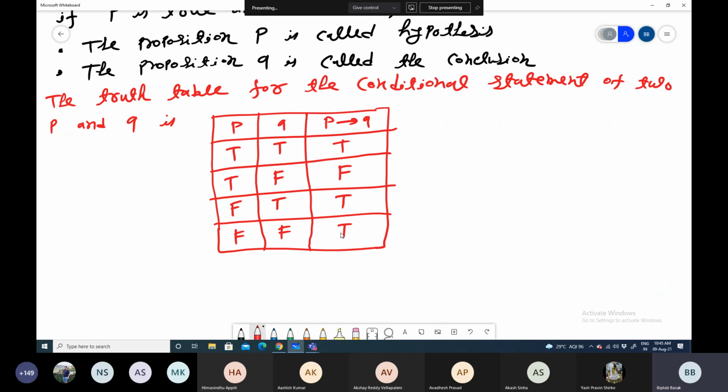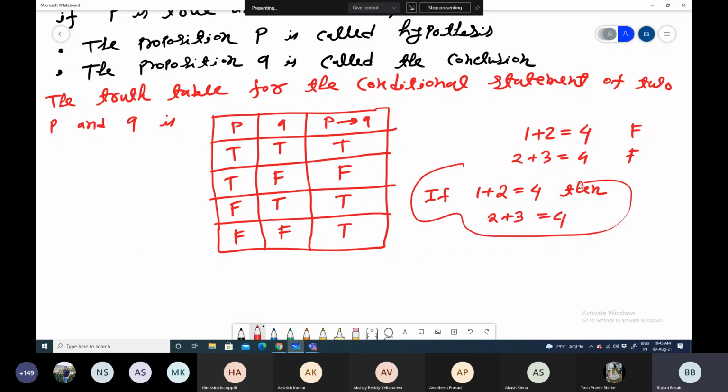For an example, suppose you have a statement that says 1 plus 2 equals 4. This is a statement, right? Now this proposition is false. Similarly, if we have 2 plus 3 equals 4, again this is also false. Now if I say that if 1 plus 2 equals 4, then 2 plus 3 equals 4, this combined statement is true. Why?